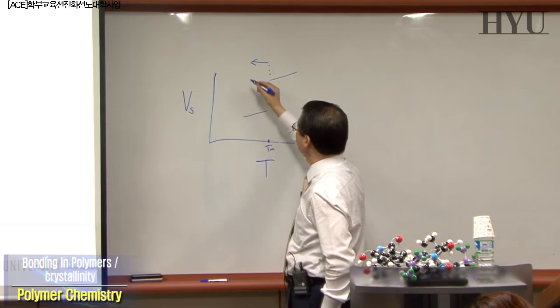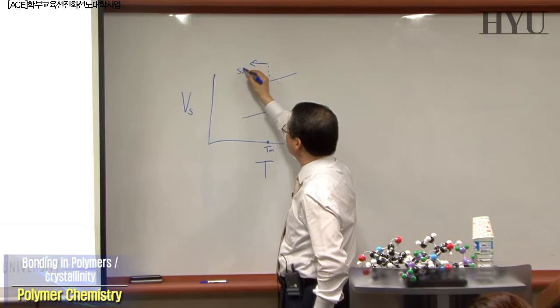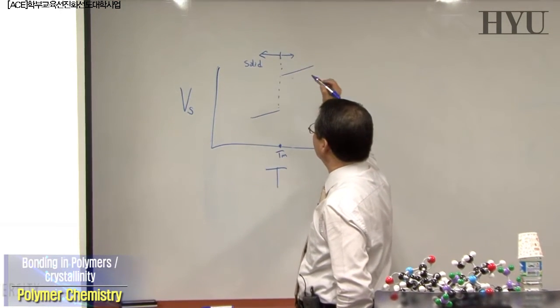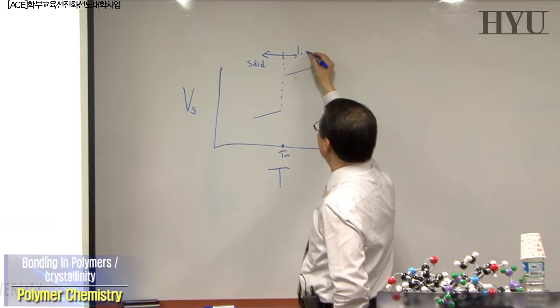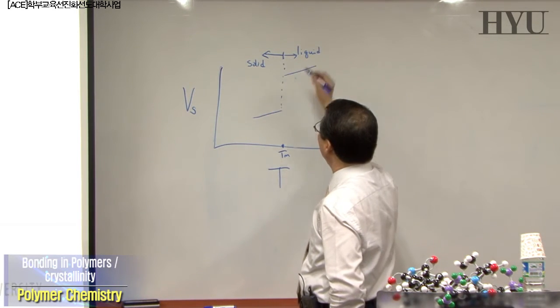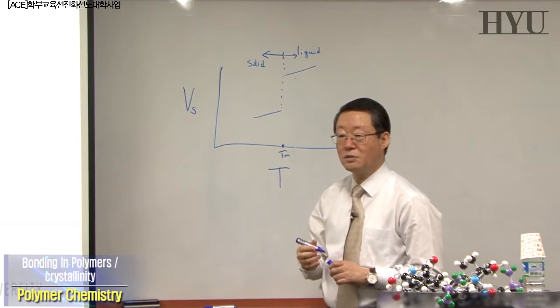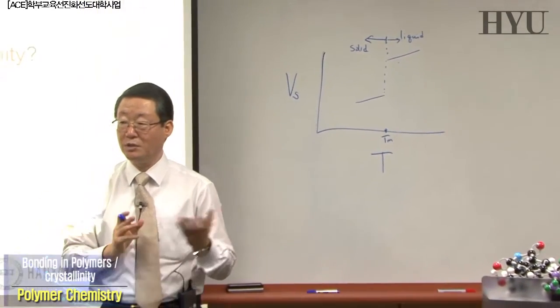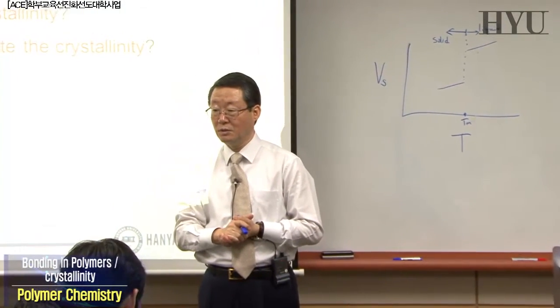Below the melting temperature, your phase is a solid phase, whereas above this melting temperature, your phase becomes a liquid phase. So the phase change temperature is defined as the melting temperature.